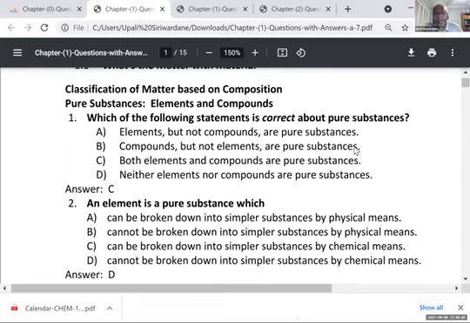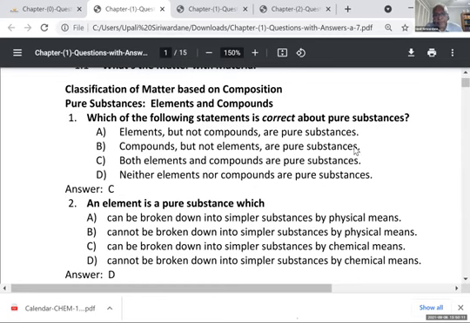Which of the following statements is correct about classification of matter, about pure substance? Elements but not compounds are pure substance. Both are called pure substance, so that's not true.